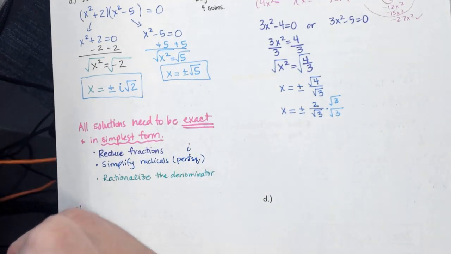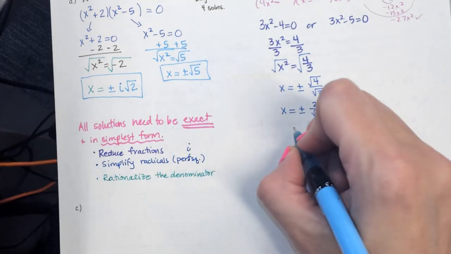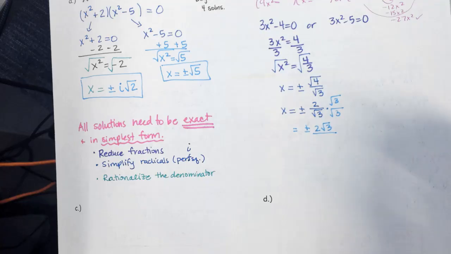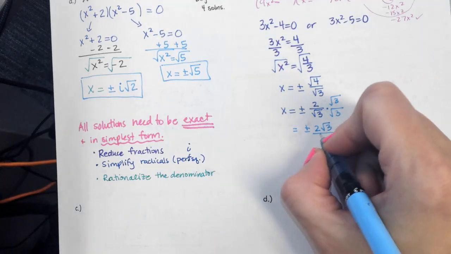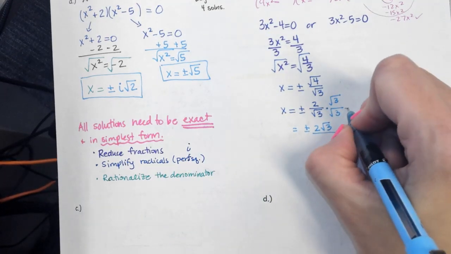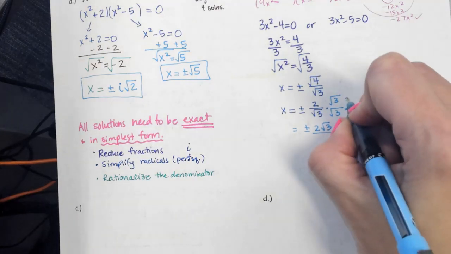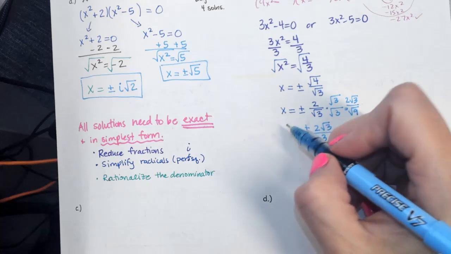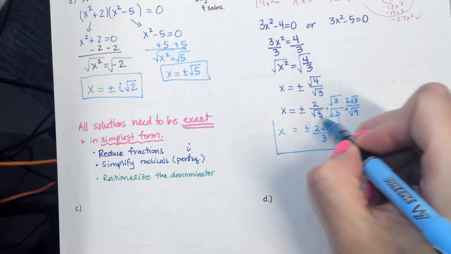Yes, exactly. Okay, so when you're doing that, it becomes 2 root 3. And then if you want to put over 3, you can. If you want to think of this as, yeah, that's the square root of 9. The square root of 9 is going to be 3. Okay, that is going to be 2 of your values.